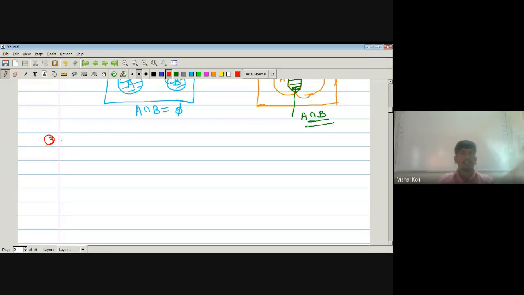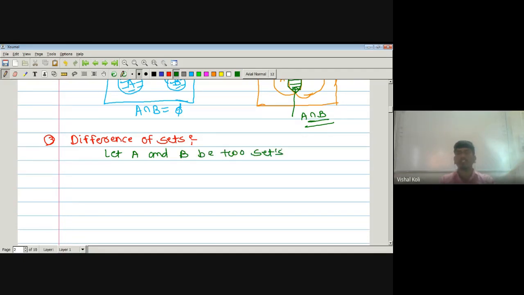Now, third one, difference of two sets. Difference of sets. Okay. Sets definition. Let capital A and capital B be two sets.